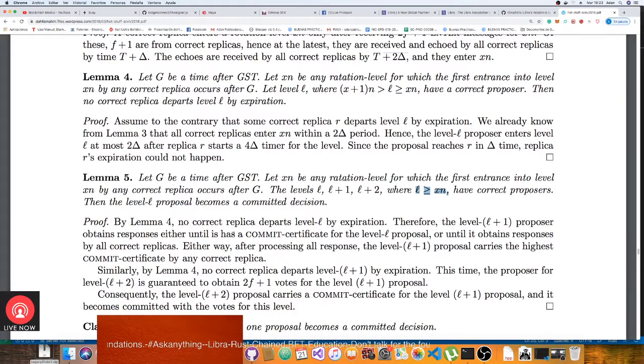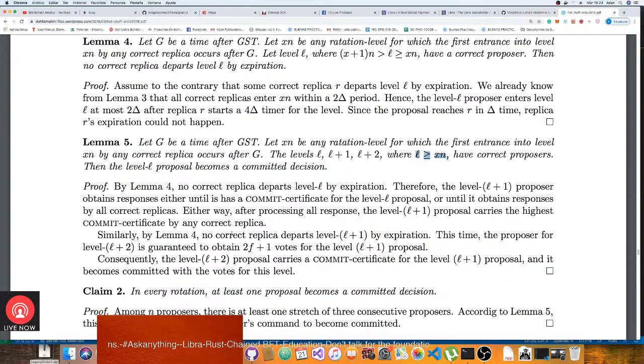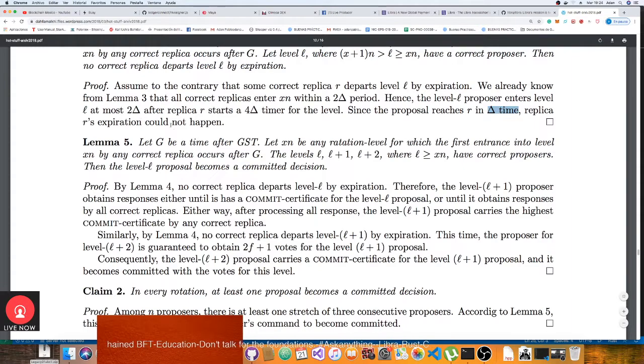So the proof of this will be by lemma 4. In lemma 4 you have that the proposal reaches R in delta time, replica expiration could not happen. So this is assumed to be correct. So you need to start thinking in the way of other kinds of levels. So no correct replica expires the first level.